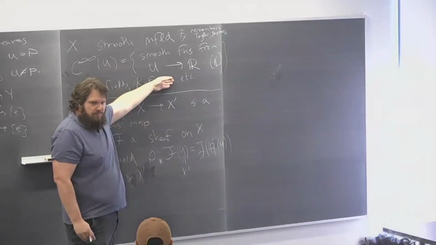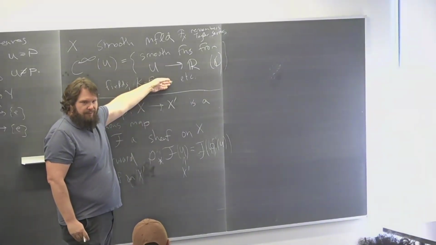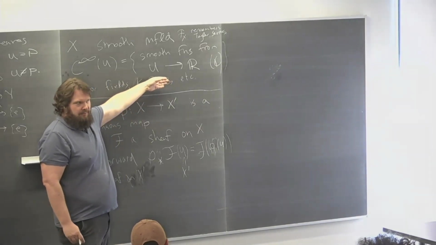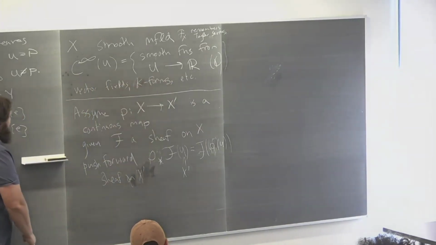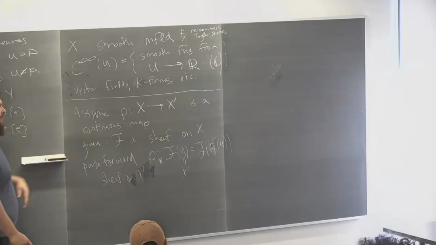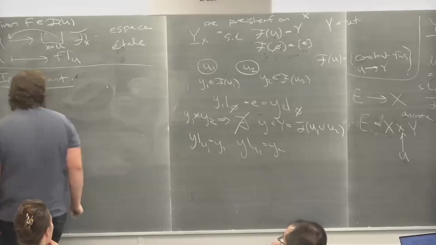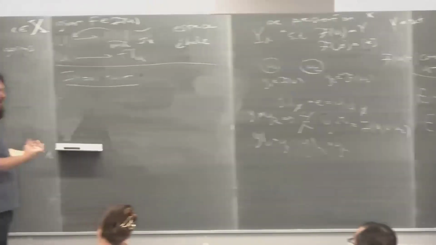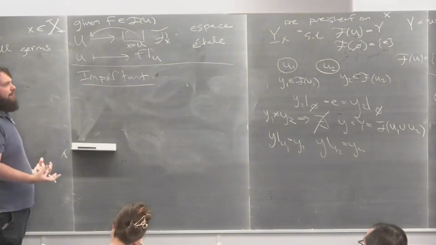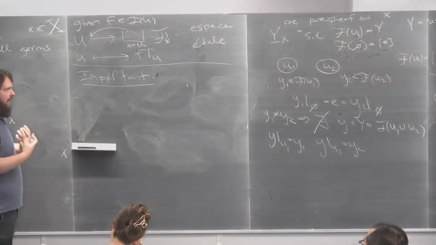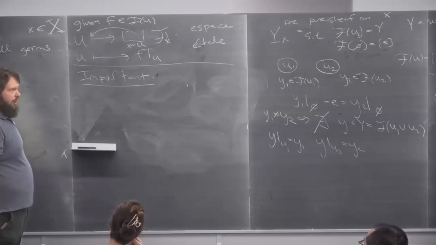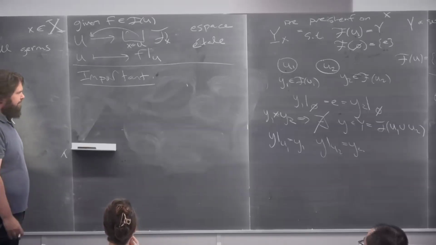If I tell you what the smooth functions are, I don't have to tell you an atlas. This is a better way of thinking about smooth manifolds than atlases. So saying what kind of functions I want to think of as my basic functions is telling you a geometric structure on the underlying space.